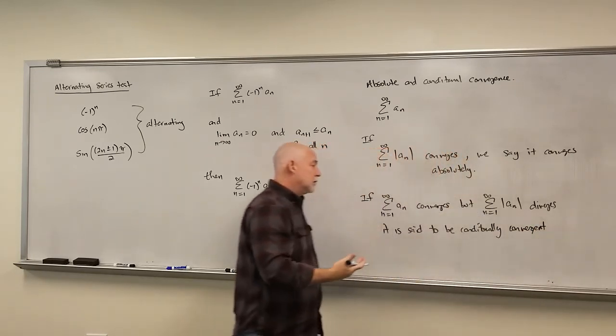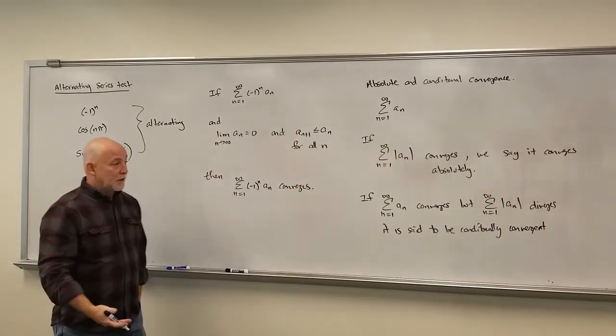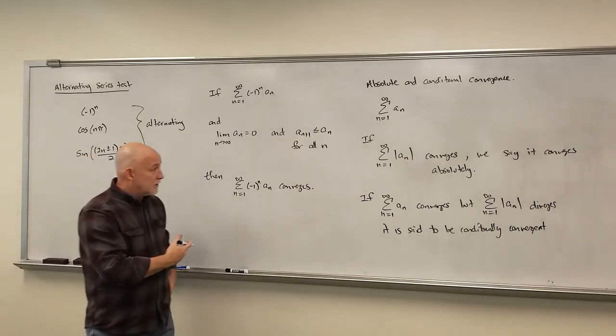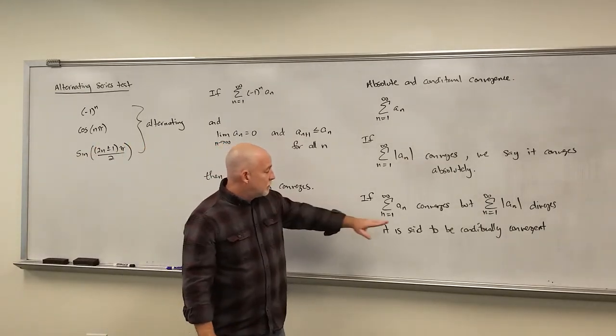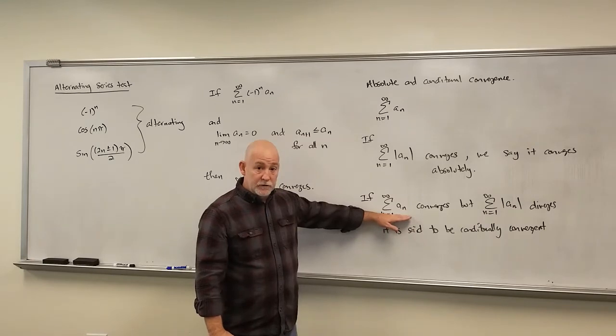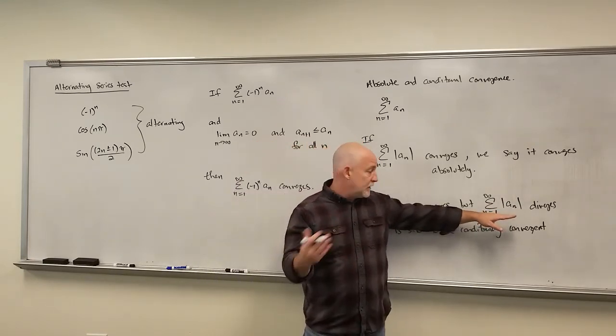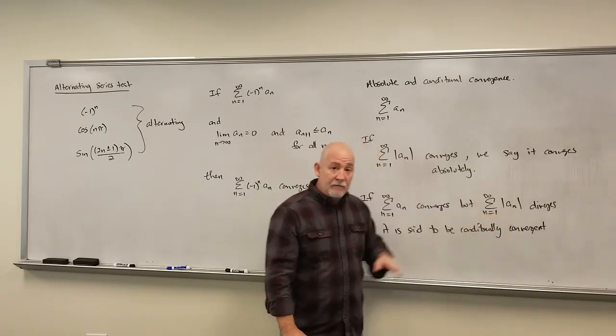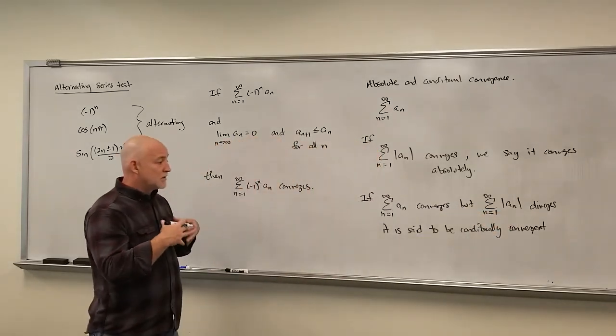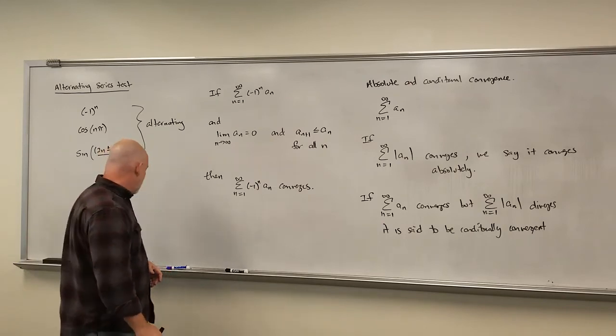All right, now the good news here, this is generally talking about alternating series. That's why it's in the alternating series section. So here's the idea. The original series, whatever it is, converges, but then we turn around and make every term positive. Basically, it doesn't go positive, negative anymore. If that diverges, we say it converges conditionally or is conditionally convergent.